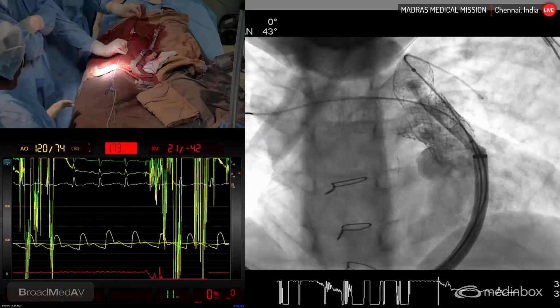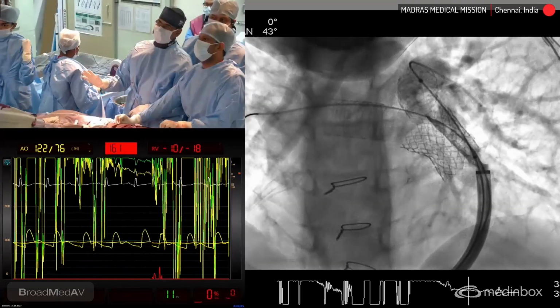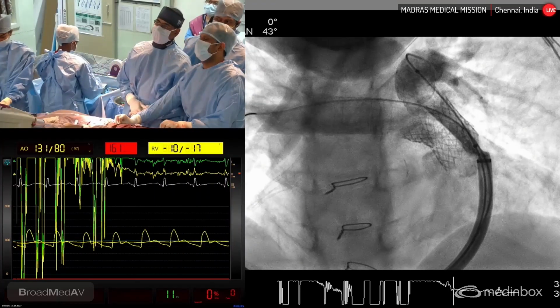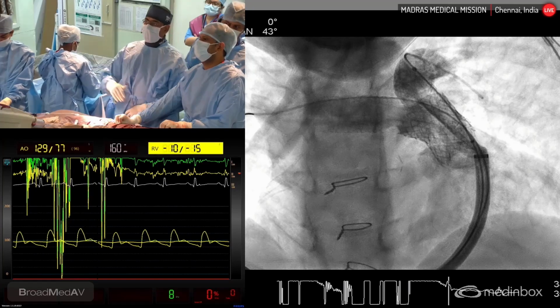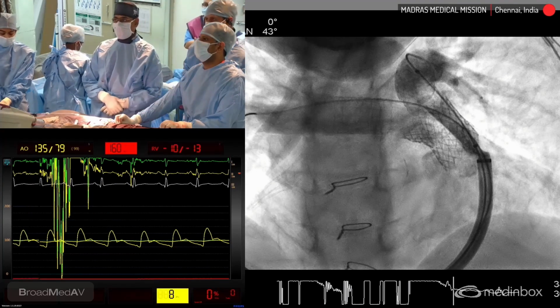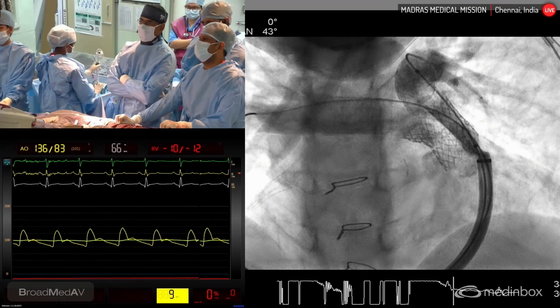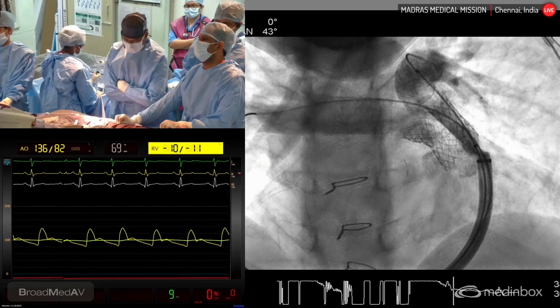Show that angiogram. Freeze it and show. Freeze it. Correct. Just go back. One frame. Wonderful. That's enough. So the left pulmonary artery is well within the previous stent, whereas the right pulmonary artery is about a couple of millimeters. This is a 2 centimeter stent.